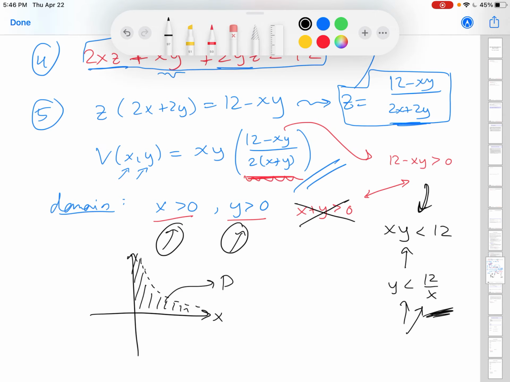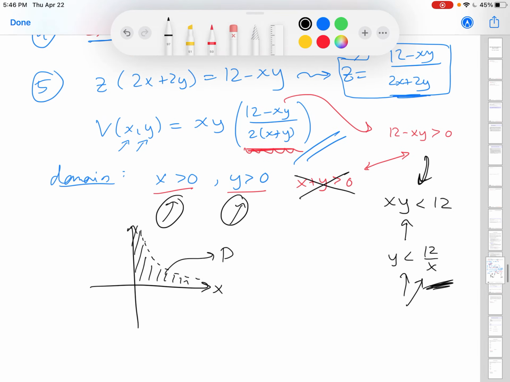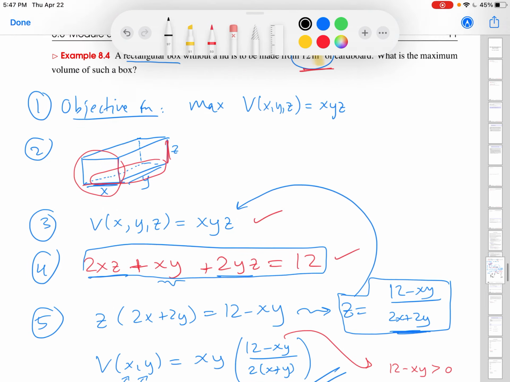So there are limits, and this is actually going to come in handy a little bit later on in this problem when we justify how we arrive at the fact that there's going to be only one real point for us to look at, only one critical point, which will yield the maximum volume.